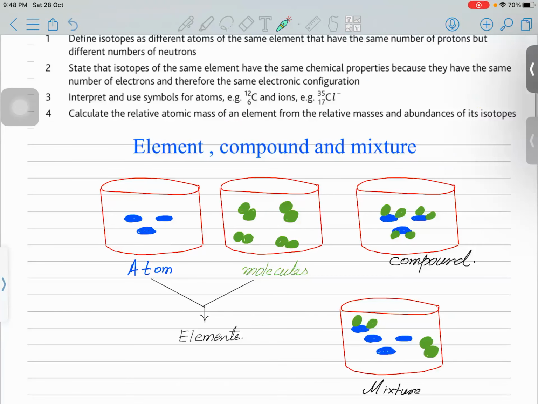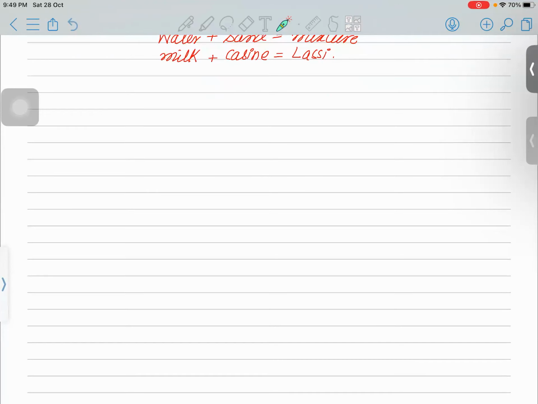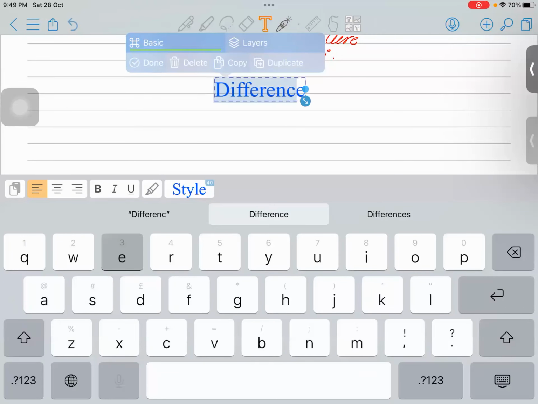So, element, compound, and mixture. Now next is differences, right?